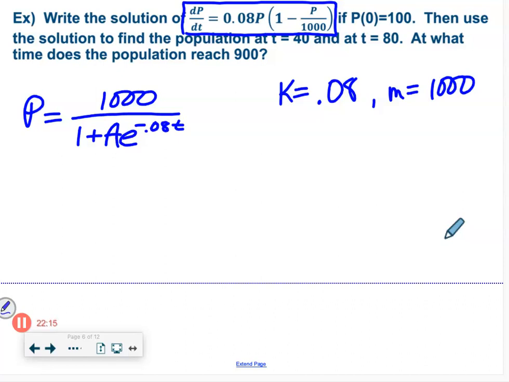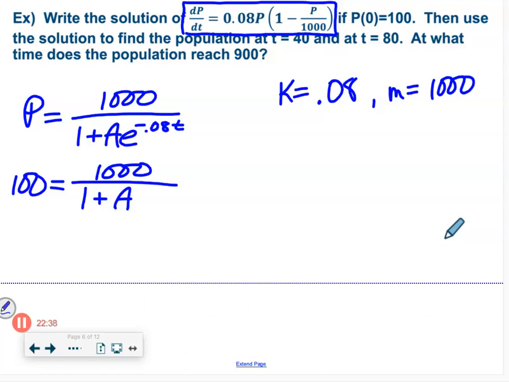Now, we need a point to plug in so that we can find A. What point are we given? (0, 100). So is the 0 your time or your population? 0 is time, 100 is population. So you're going to put in 100 for your population. What's e to the 0? 1.